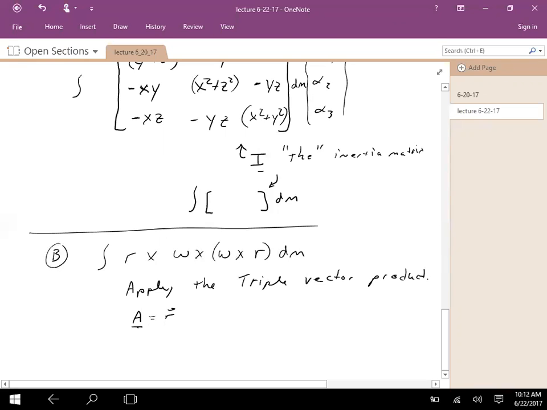So let A equal R, the first term. Let B equal omega, the second term. And let C equal omega cross R, because we only have 3 vectors to choose.